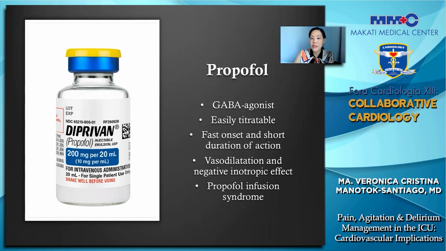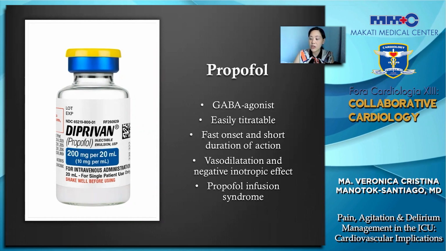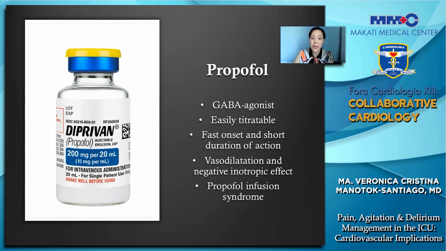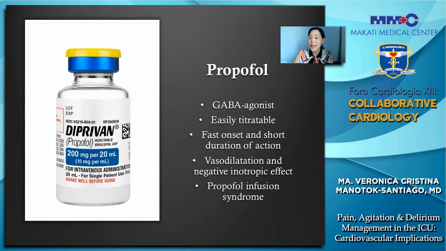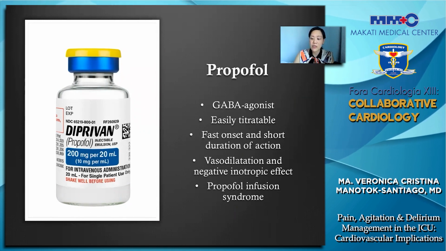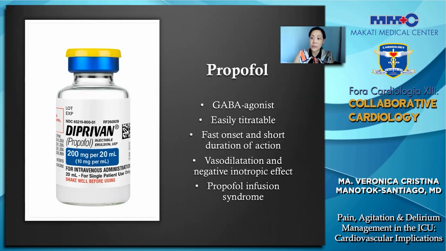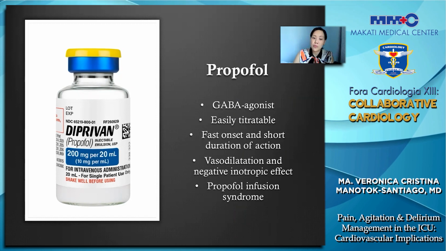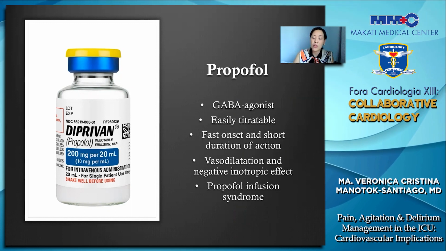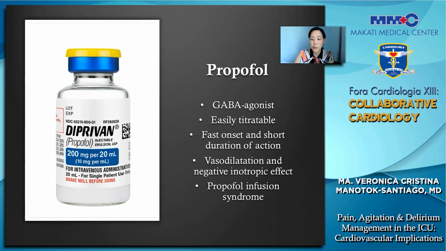It's characterized by severe metabolic acidosis, arrhythmias, cardiac failure, acute renal failure, hyperkalemia, and rhabdomyolysis, and sometimes even to the point of asystole. So as you can see, it carries with it a very high morbidity and mortality rate, as high as 30%. So we should always be on the lookout for the possibility of PRIS in patients who are being sedated with propofol.